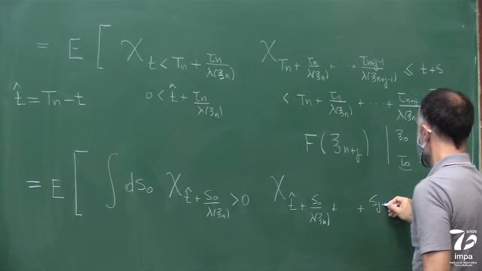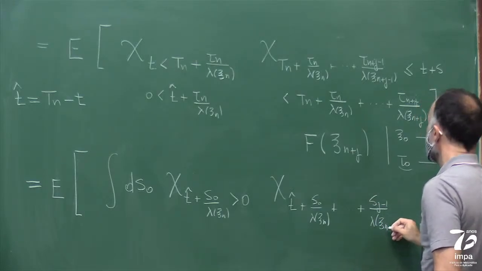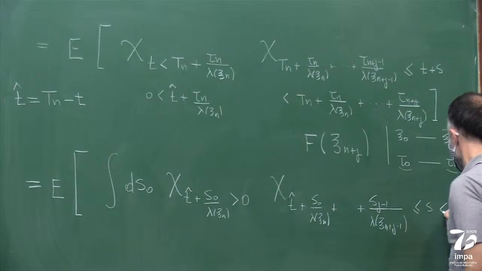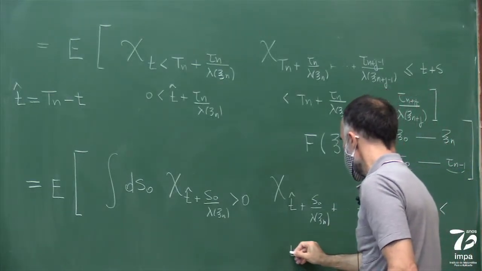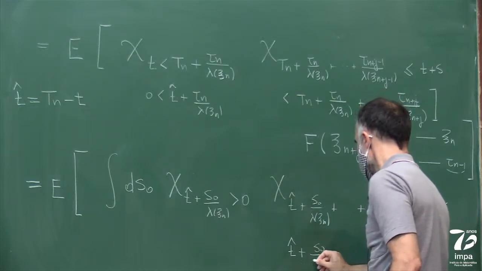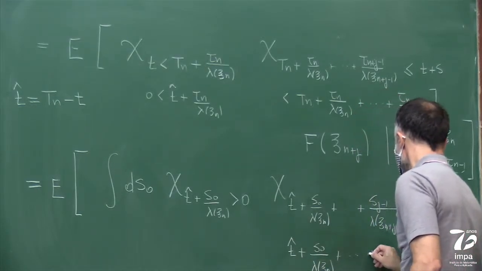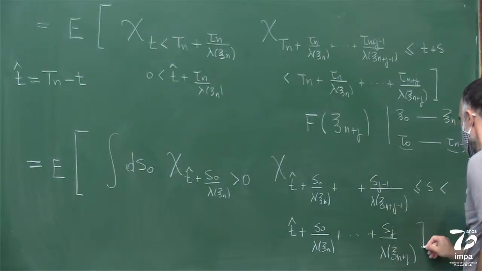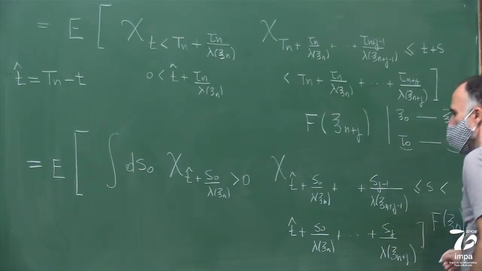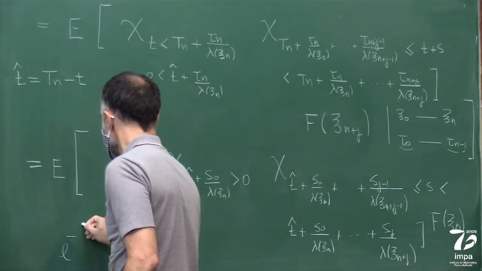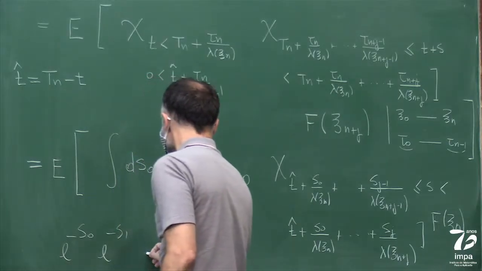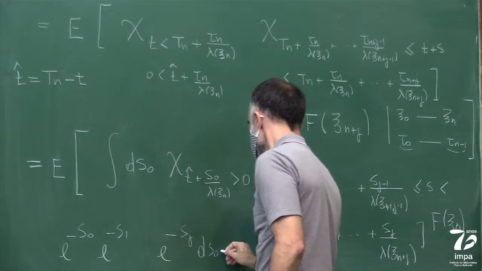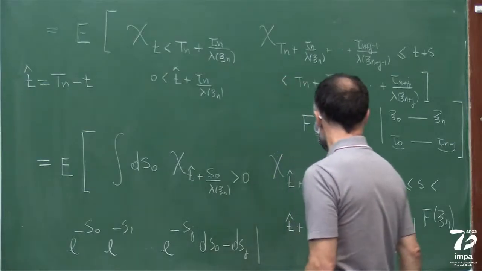So Sj minus 1 divided by lambda psi n plus j minus 1 less or equal than s, less than tau n minus t, which is tau hat, plus S0 over lambda psi n plus Sj over lambda psi n plus j, f of psi n, and then I'm integrating with respect to exponential minus S0, exponential minus S1, until exponential minus Sj, dS0 up to dSj.